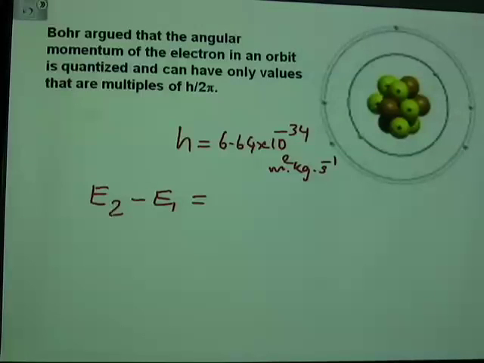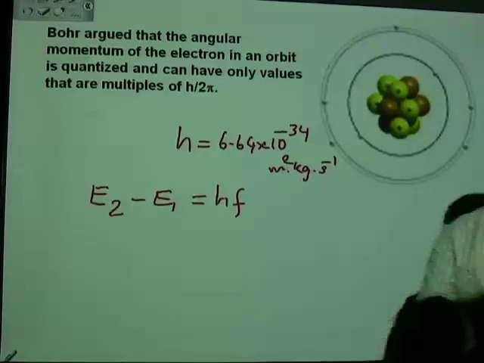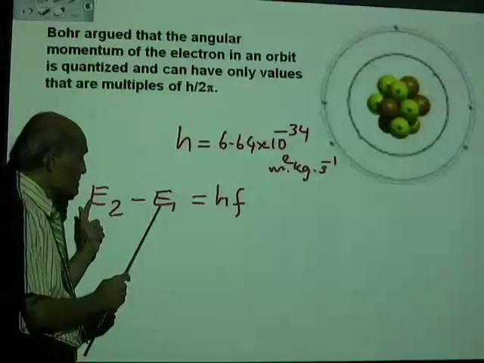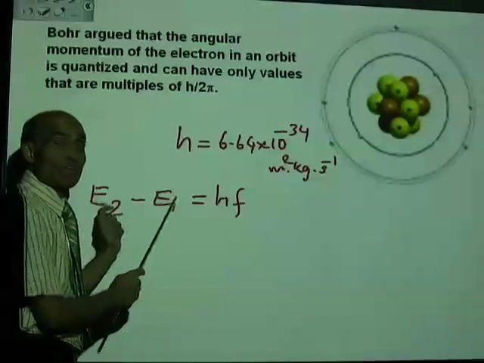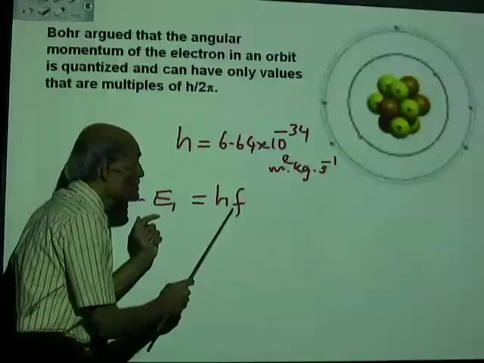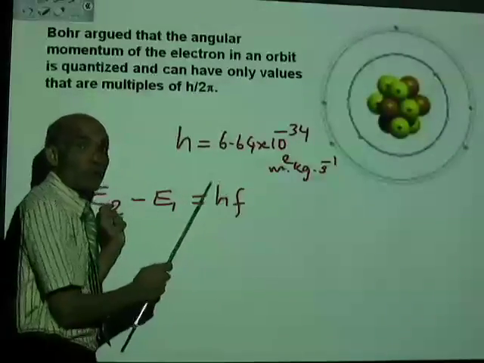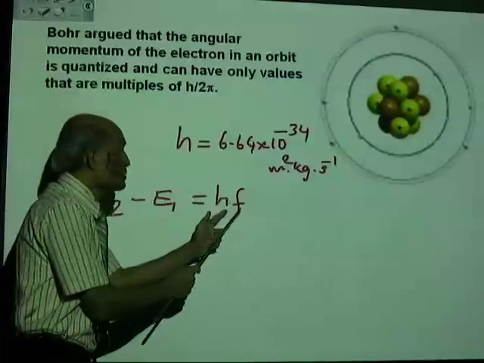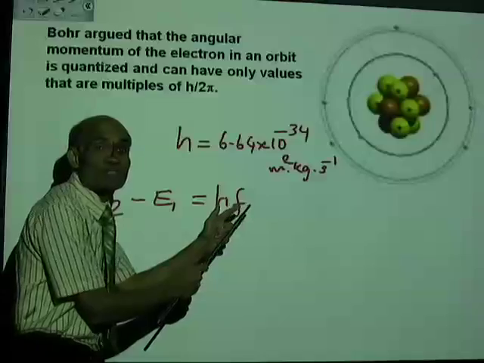And we can write this using h as E2 minus E1 equal to h times f. Now, this is an important relation. This is a quantum of energy. The difference between any two levels is Planck's constant multiplied by the frequency of radiation. That means if you have a greater difference in the energy, you get a greater frequency of radiation.